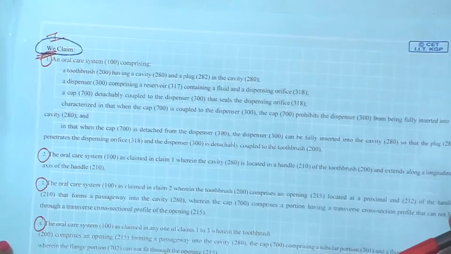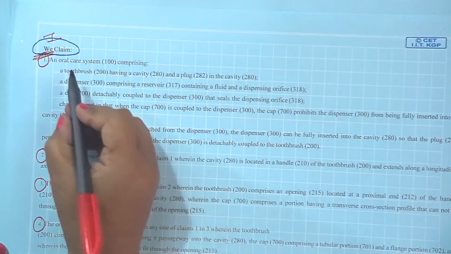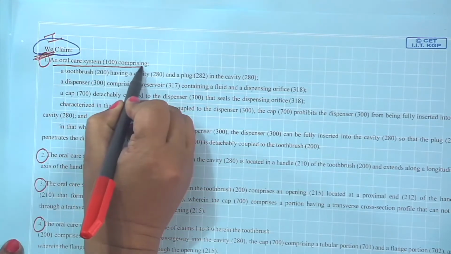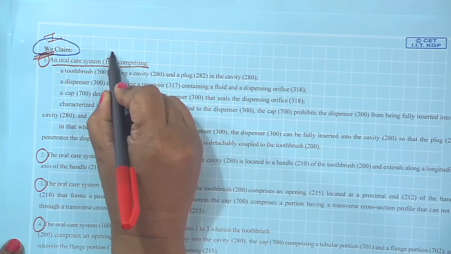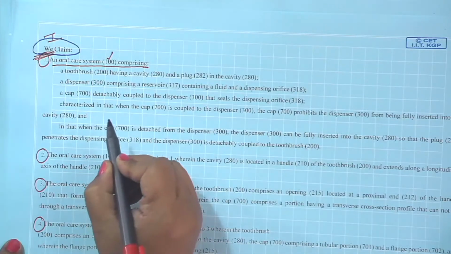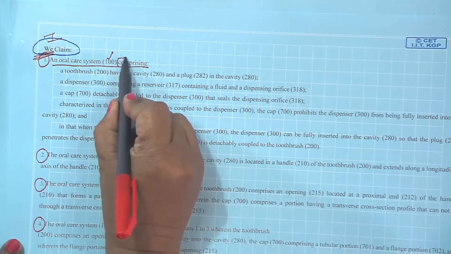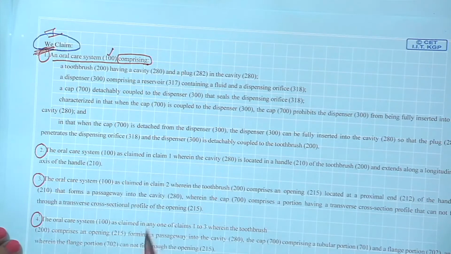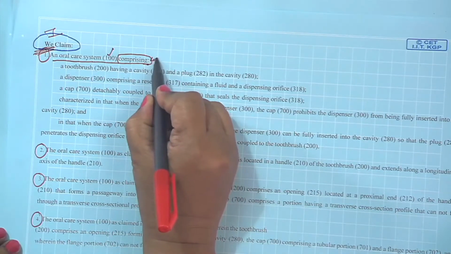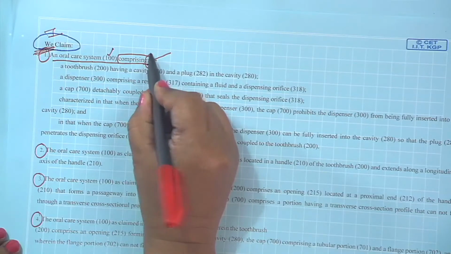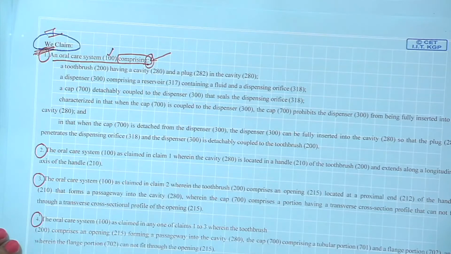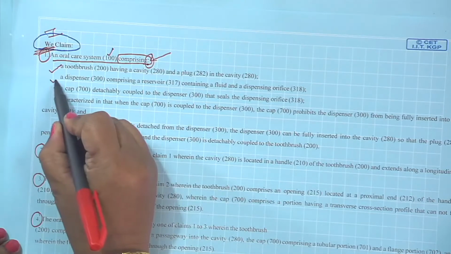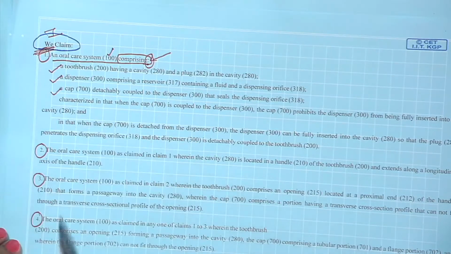Now, see here how it is starting: an oral care system. Again the reference is given to that drawing. Then it says "comprising", so you can easily say that it is open-ended, and then there is a colon here, and then it lists the different parts: a toothbrush, a dispenser, a cap.